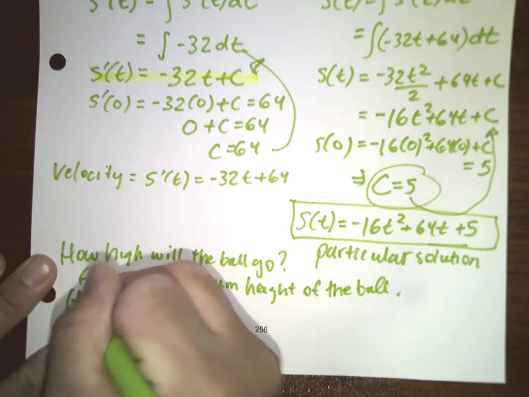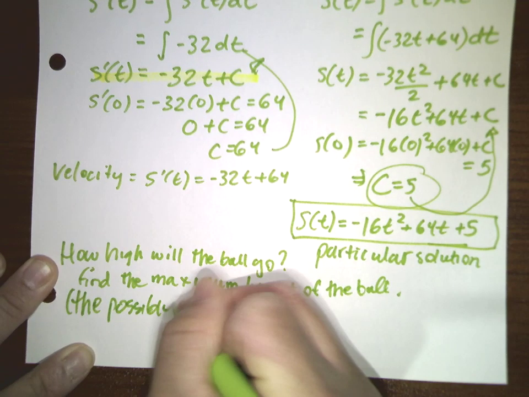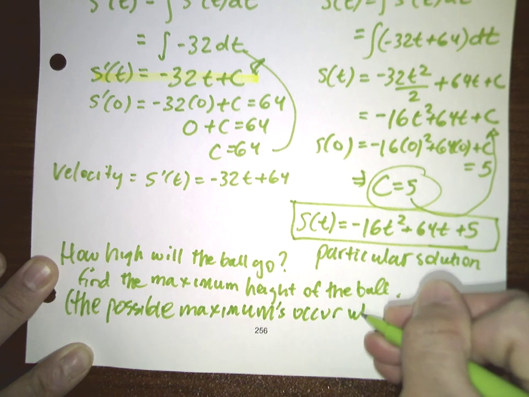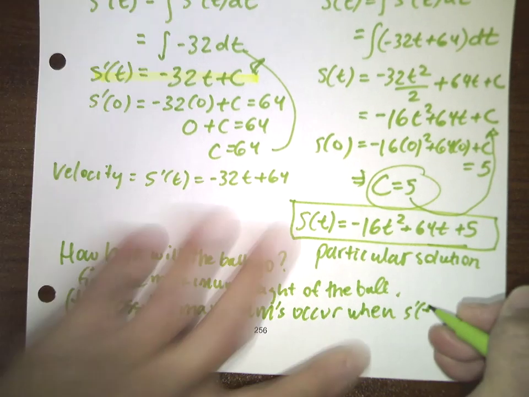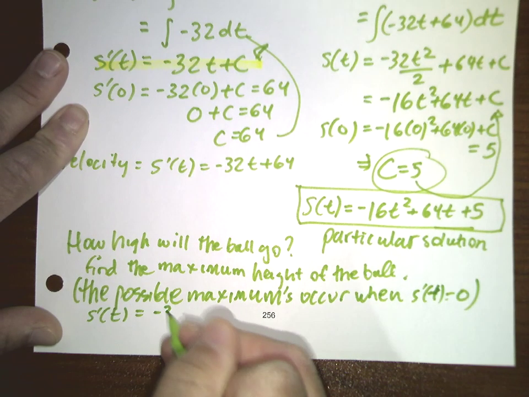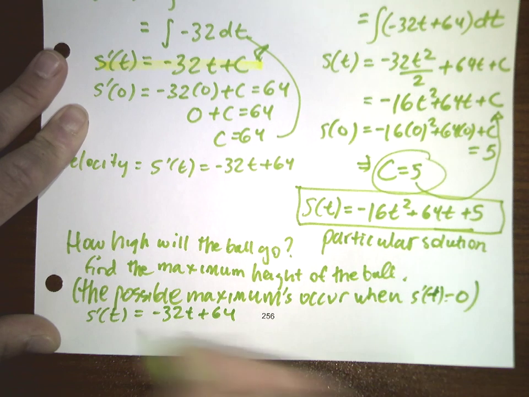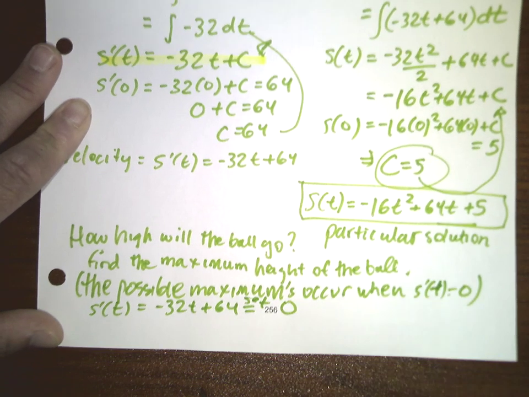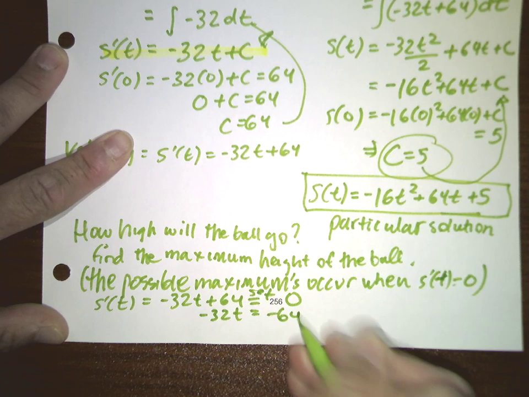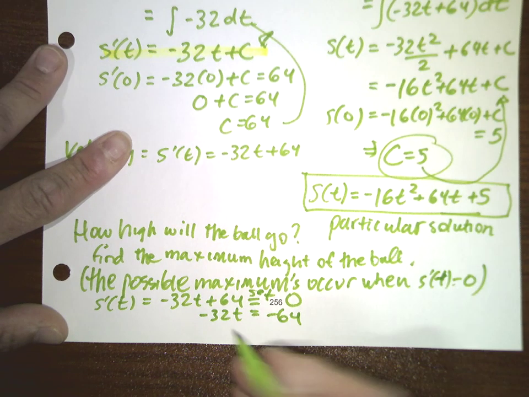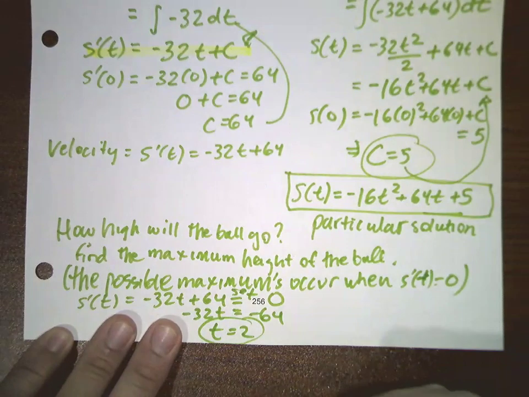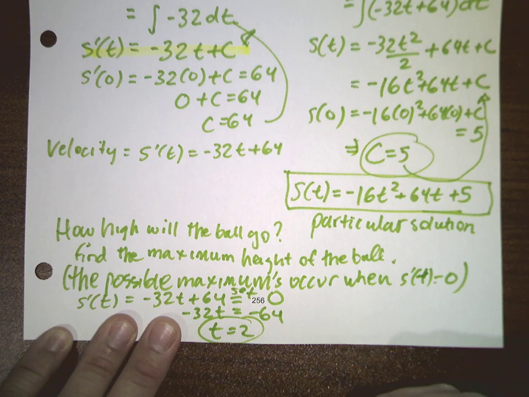So remember that the possible maximums occur when the first derivative, s prime of t, is equal to 0. So s prime of t was negative 32t plus 64. I set that equal to 0. Then I subtract the 64, so negative 32t is negative 64. Then I divide by negative 32, so t is equal to 2. So the ball will reach its maximum height after 2 seconds.